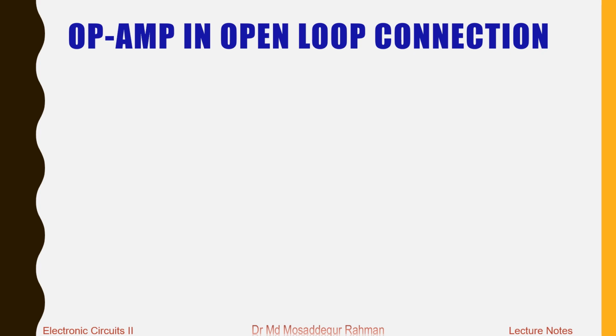In the second lecture our focus will be on open loop connection. The closed loop we'll discuss in our third lecture. So we'll first see how we can connect the op-amp in open loop connection, how to analyze those circuits, and what the applications are.